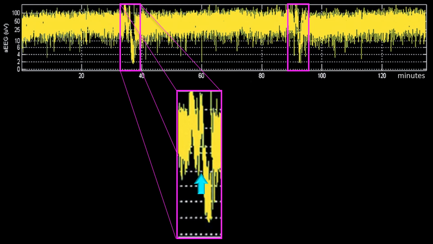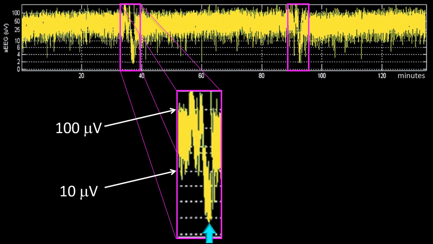The second one is followed by a drop in amplitude going from a lower margin of 10 microvolts and an upper margin of about 100 microvolts to a lower margin of 2 microvolts and an upper margin of about 10 microvolts.